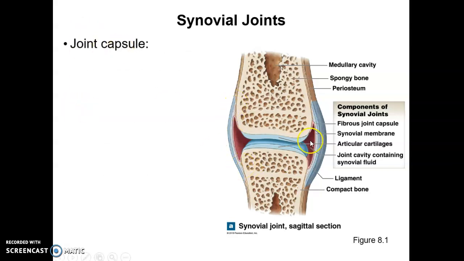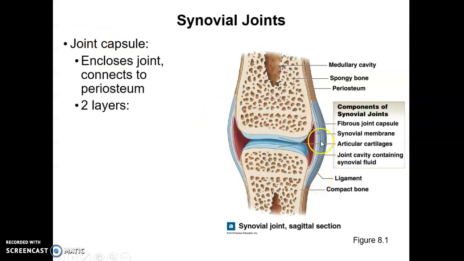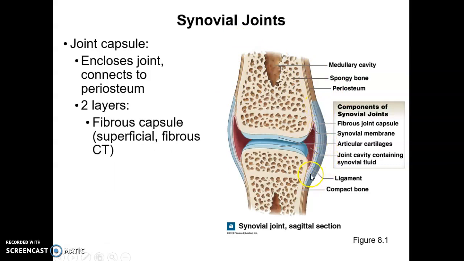The joint capsule, as you see, surrounds the joint. It connects to the periosteum. Remember that tissue that surrounds bones. The joint capsule has two layers. Here in gray is the fibrous capsule.